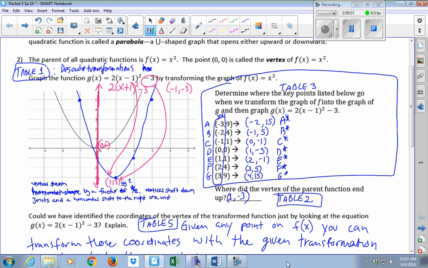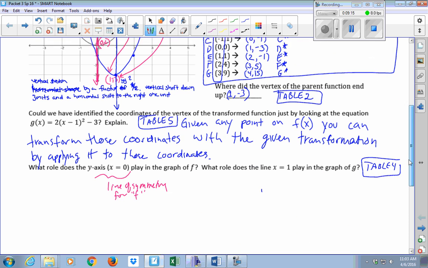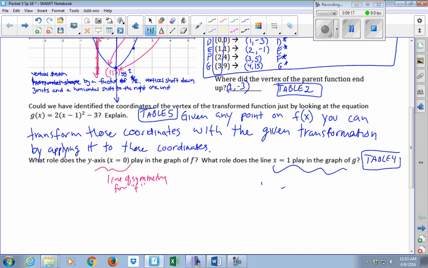If we create a line, x equals 1, that's this vertical line that goes straight through that vertex, and that is now the line of symmetry for our transform function g.